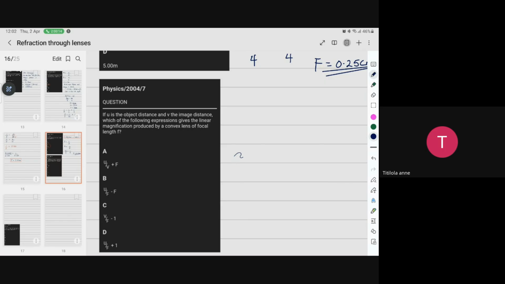All right. So we have that M equal to V over U, right? And then we have that 1 over F is equal to 1 over V plus 1 over U. I love Meso's approach the other day.